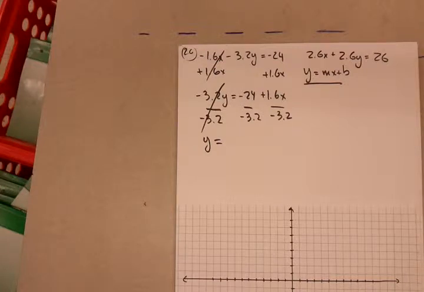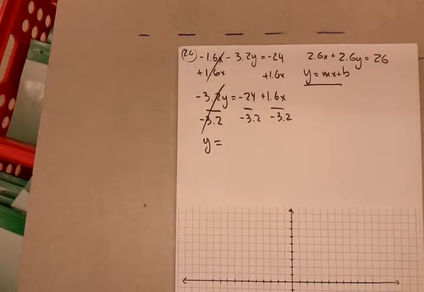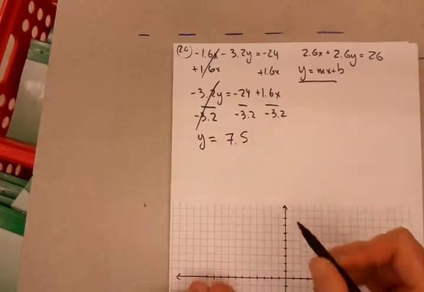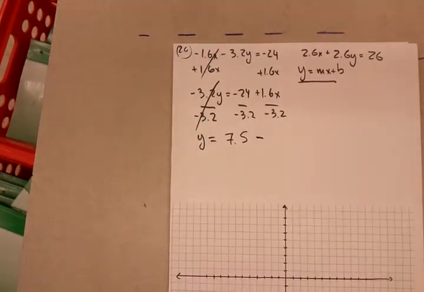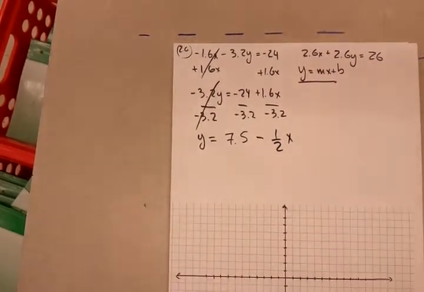Well, negative divided by a negative is going to yield us a positive number. Outcome is going to be positive. And 24 divided by 3.2 is 7.5. And then positive divided by negative, the outcome is negative. 1.6 divided by 3.2 is a half, or 1 over 2, x.